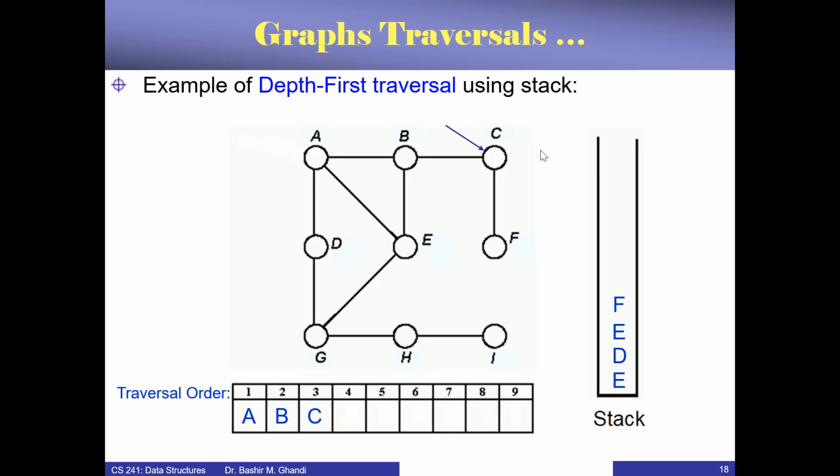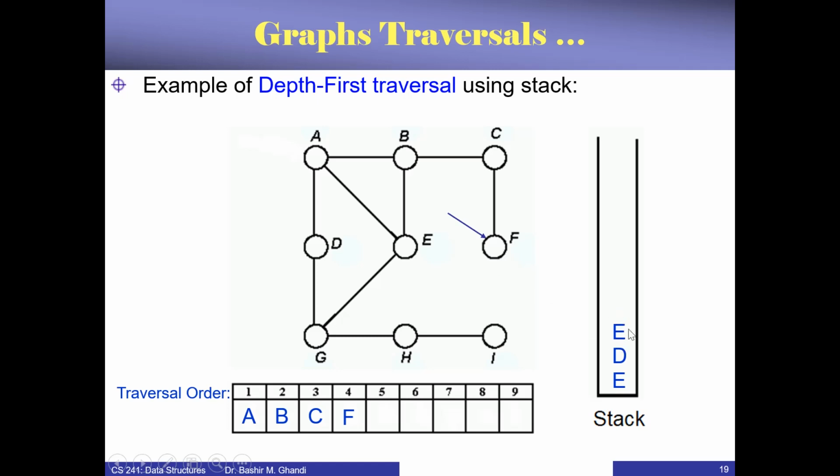Next, we pop F, visit it because it has never been visited. But this time, F has no adjacent vertex that was never visited before. The only adjacent vertex we have is C, but C has been visited.